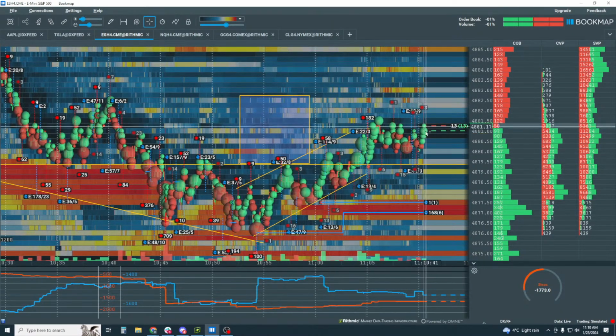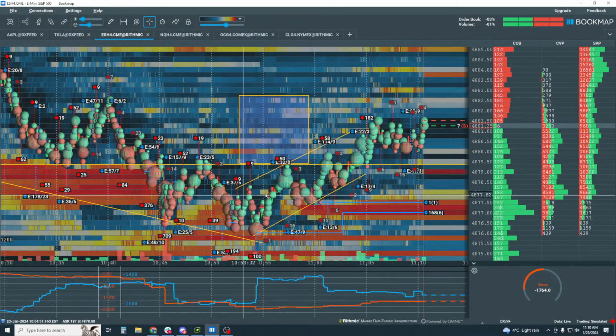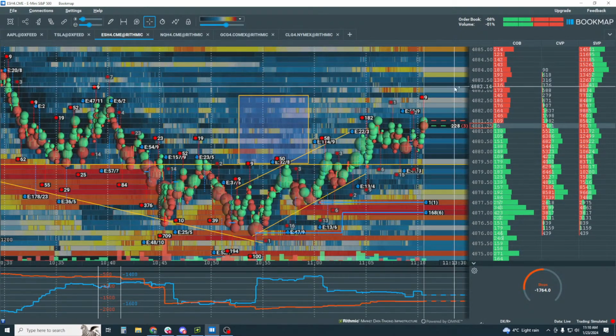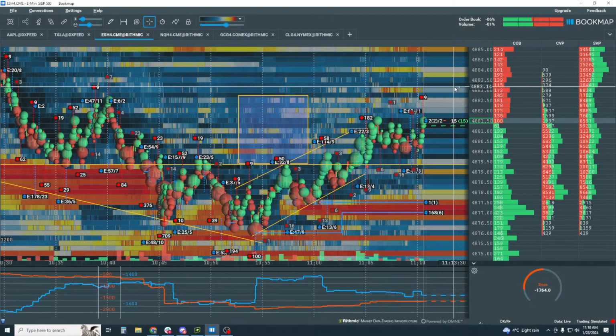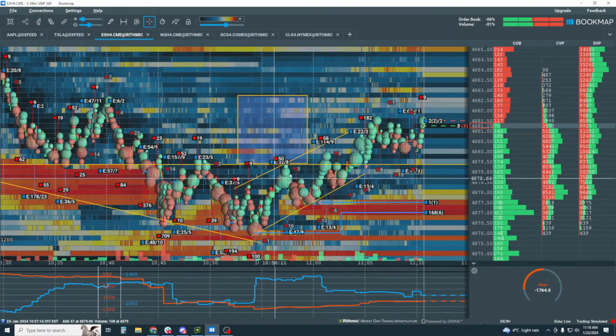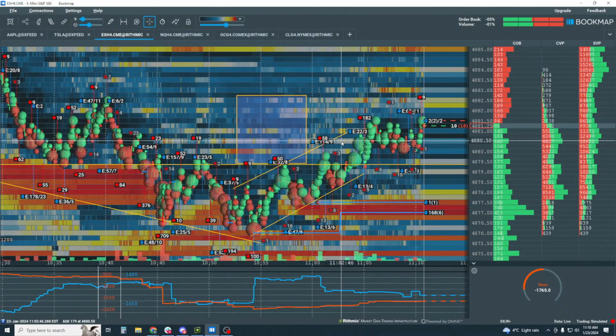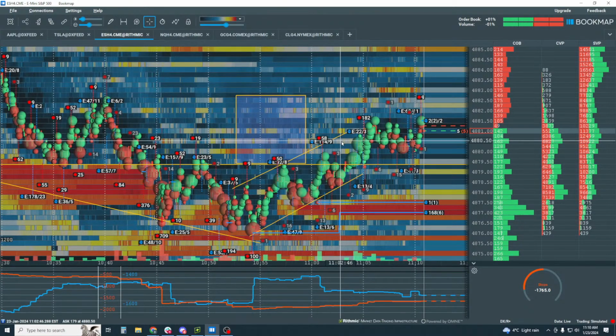Understand, the here and now is extremely important, but it's all of this that helps the here and now unfold. Okay, so we want to stay with the strength here, until we see something else happen. Okay, and that will keep you in your positions and not shake you out.